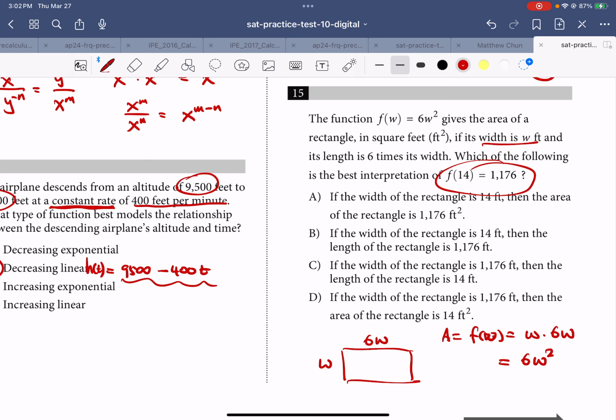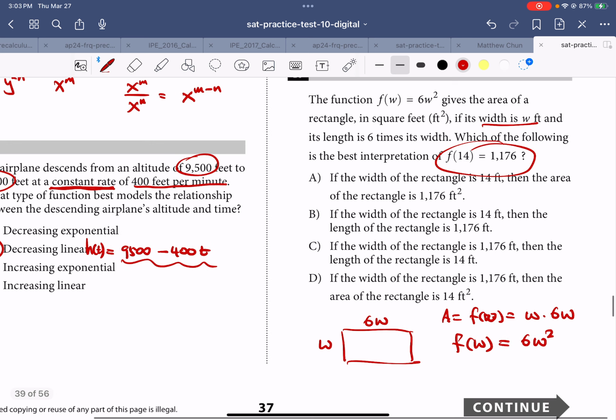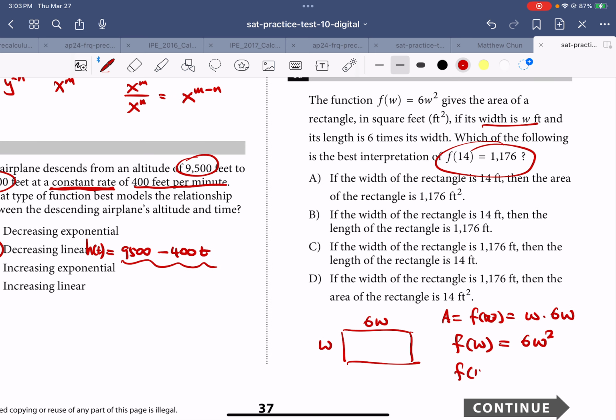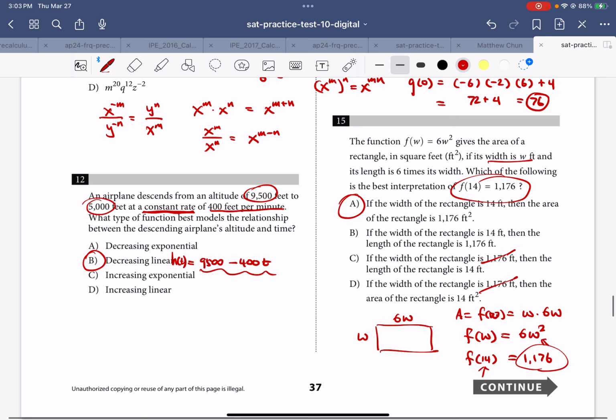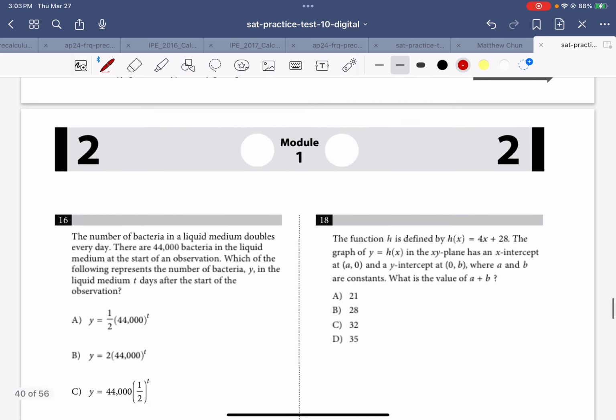So 6w squared, that's your area. So what is f of 14? It is 1176. When you substitute 14 here and compute, it will be 1176 square feet. So that shows the area, and the 14 means the width of the rectangle. So the width of the rectangle is 14, so not this, and area is this. So the answer is 15A.